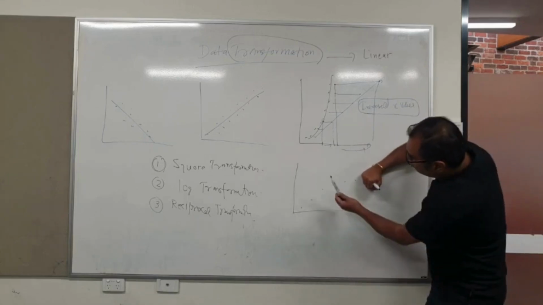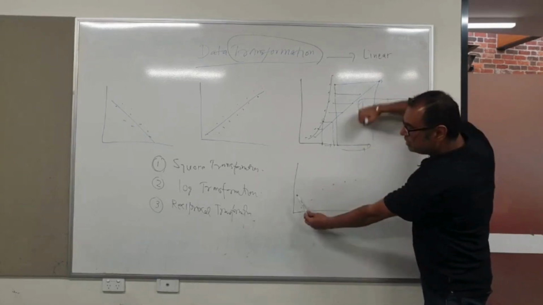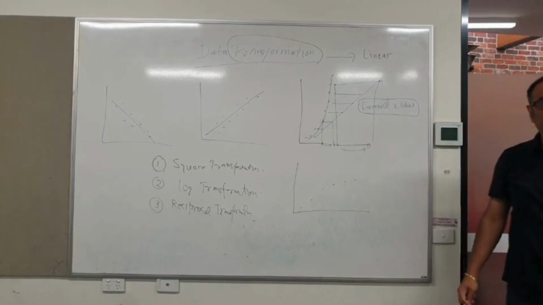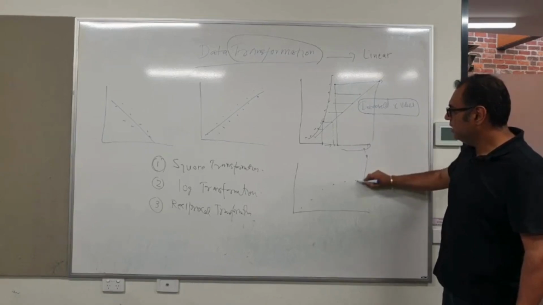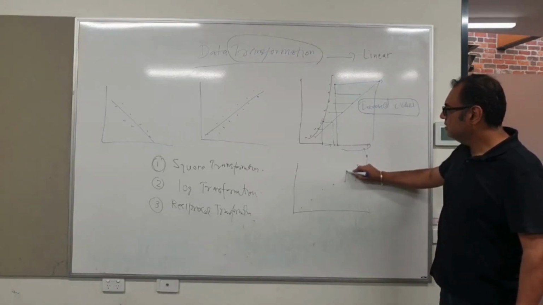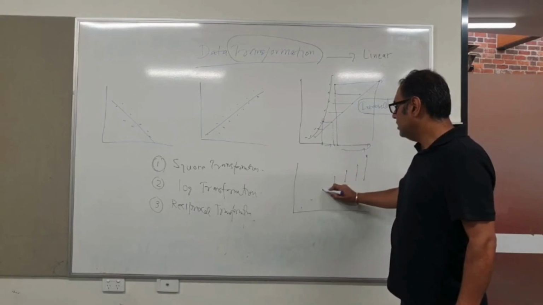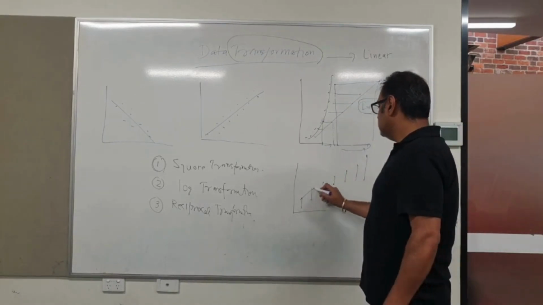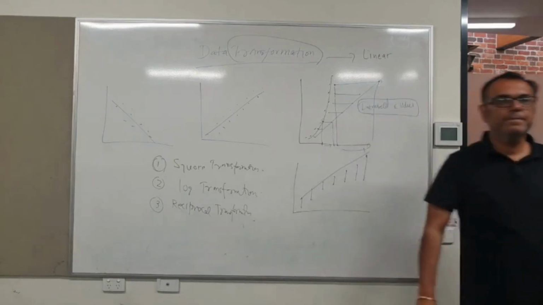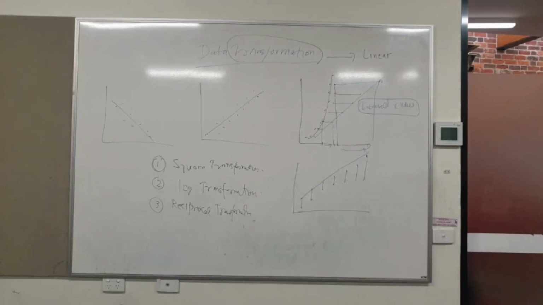If I just push this up, straighten it a bit, it can be linear. So if I pull this dot here, this dot here, this dot here, and I then draw the line, it becomes a linear scatter plot. Are you getting it?